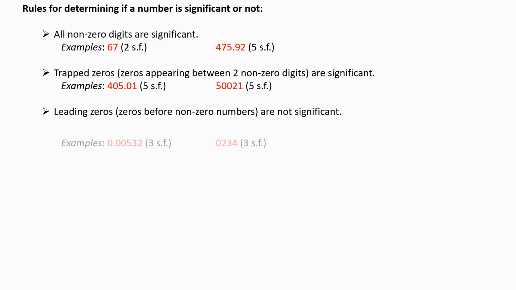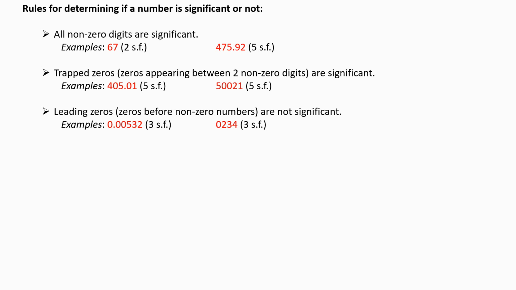For example, 0.00532 is a number to three significant figures. Just like we had in our instance where our x was 0.6103, the zero before the decimal is not significant, so it will not be counted as a significant figure.